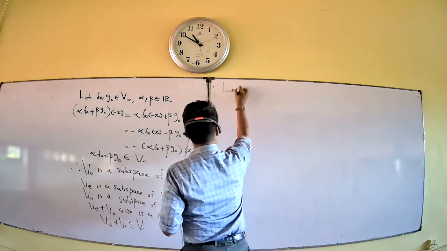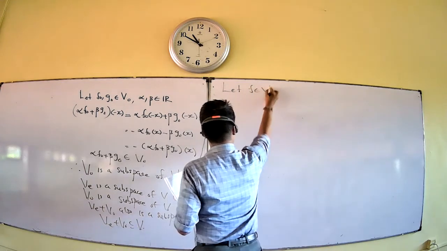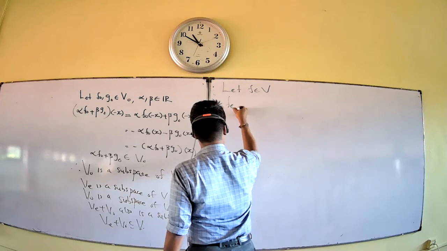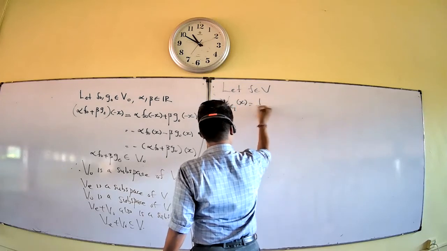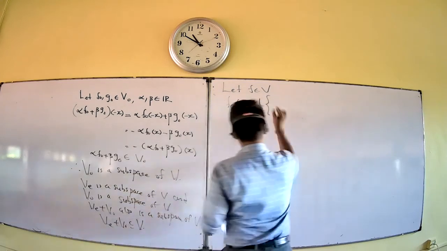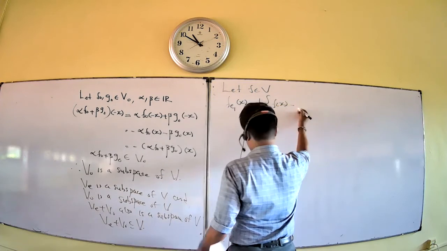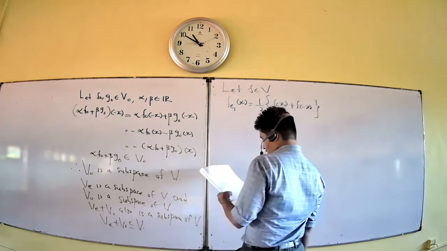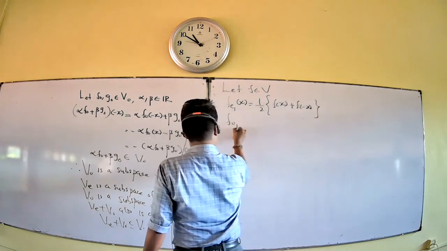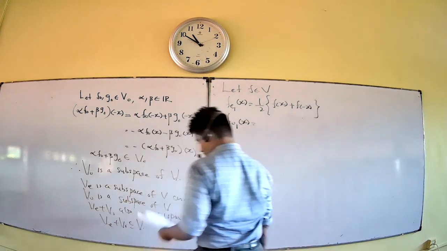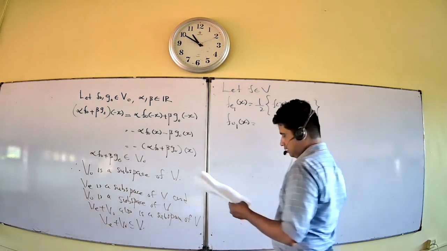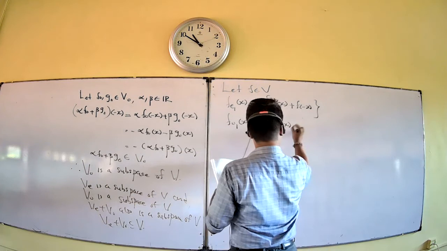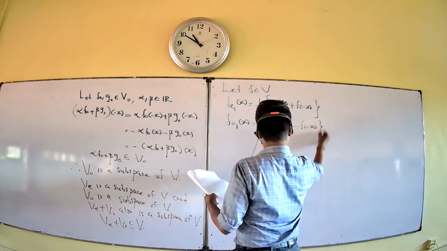Let f belong to V. So f_E1 of x is half times f of x plus f of minus x. And f_O1 of x is half times f of x minus f of minus x, the odd function.